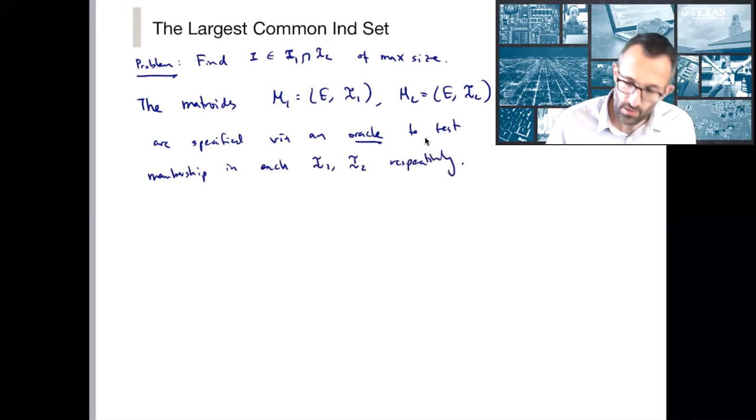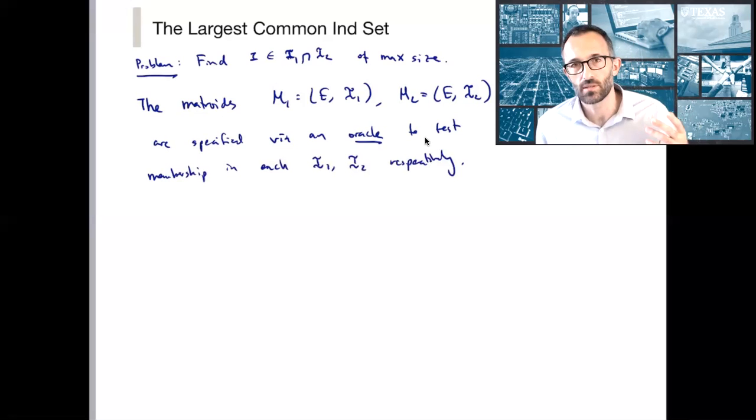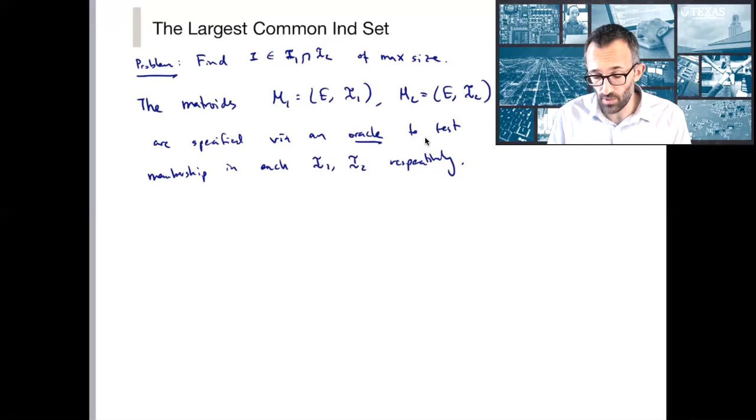So for example, if you're thinking about just a maximum weight independent set in a single matroid, we showed that the greedy algorithm achieves this, and you can run the greedy algorithm by order E calls to this membership oracle. So it's polynomial with respect to the number of calls to the oracle.